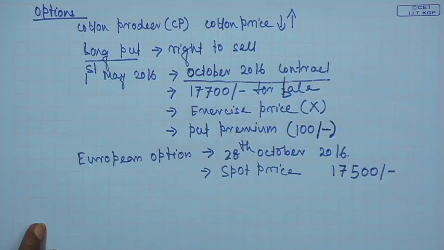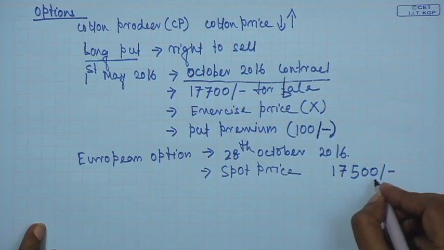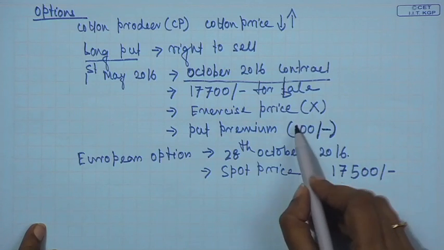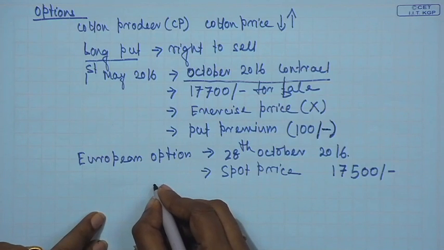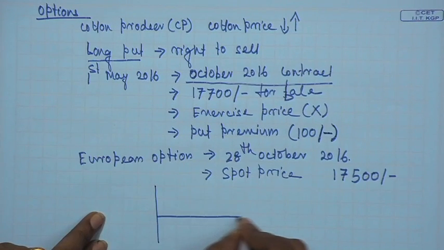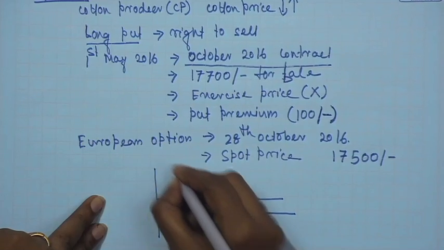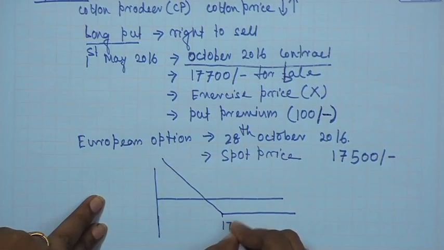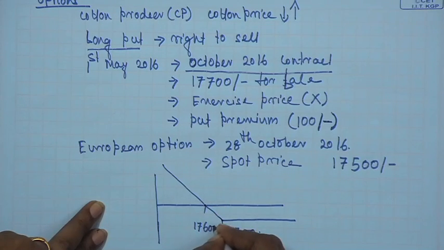The answer to this question is that of course he is going to exercise, because without this contract, if he goes to the market, he will be able to sell at 17,500. With the contract, he will be able to sell at 17,700. Now if we draw a payoff diagram, this is going to be our 17,700 and this is going to be 17,600.